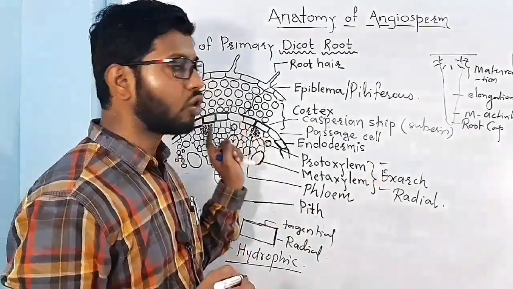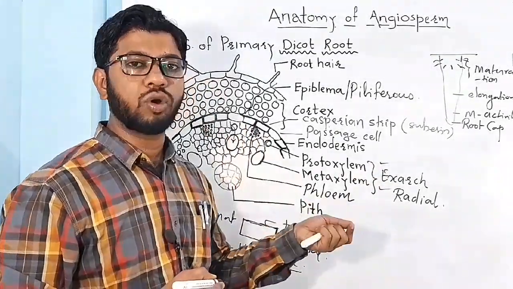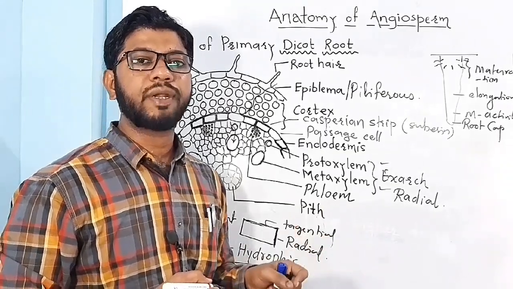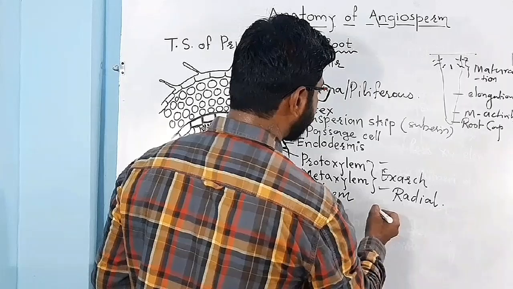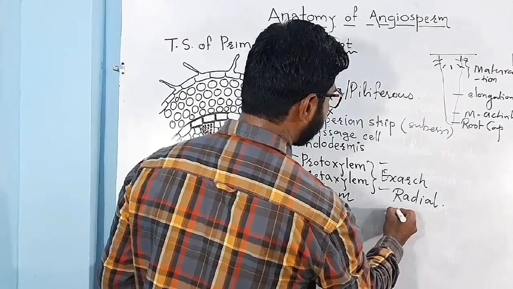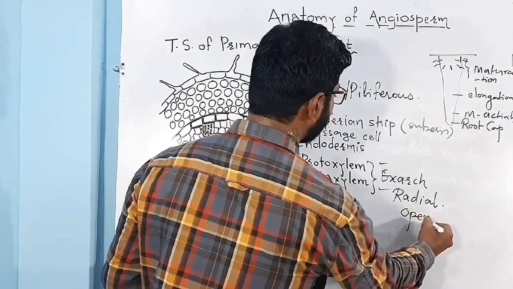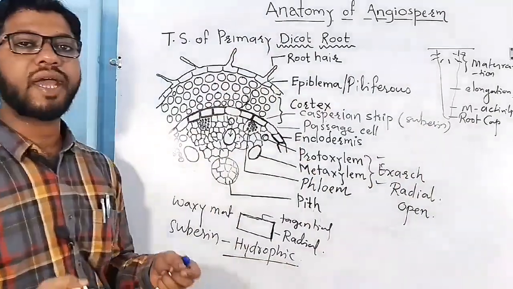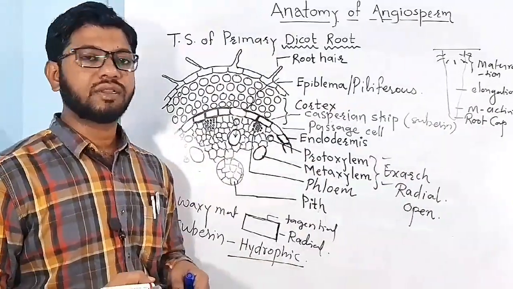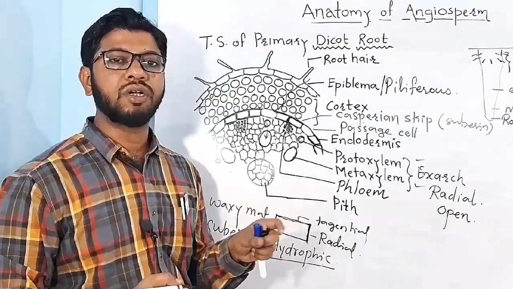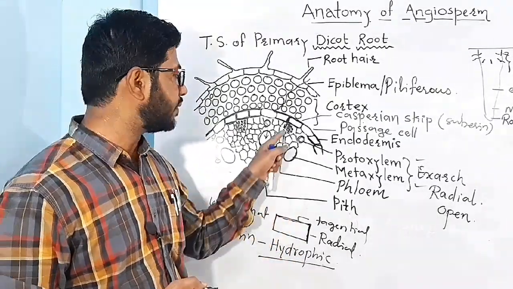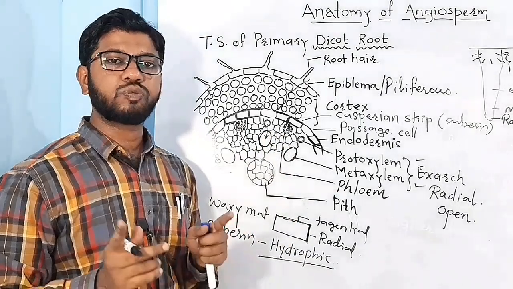As it is a dicot root, it can show the presence of secondary growth. Therefore, cambium is present between the vascular bundles, means vascular bundles are open type. Now many students get confused about how cambium is present in between xylem and phloem.